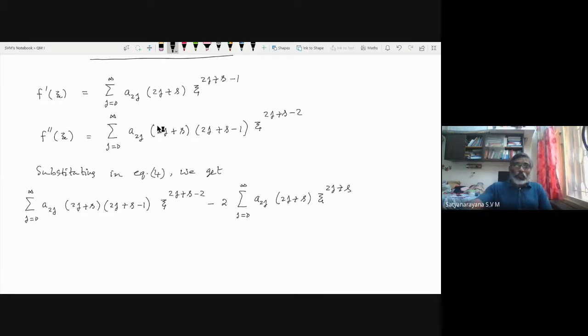And of course, our next term is epsilon minus 1 into the sum over j equal to 0 to infinity of a_2j psi to the power 2j, is equal to 0.